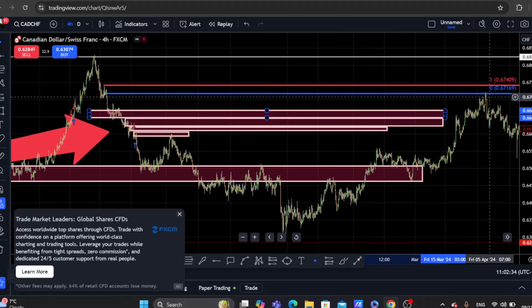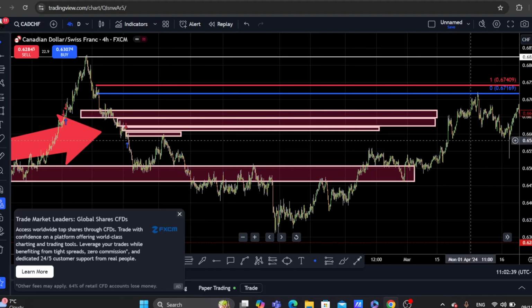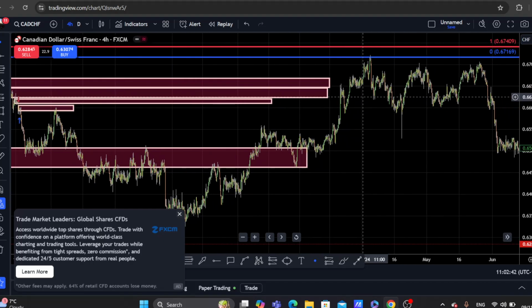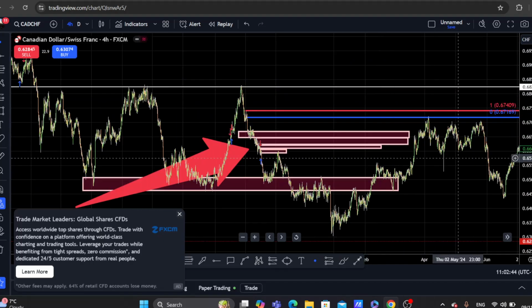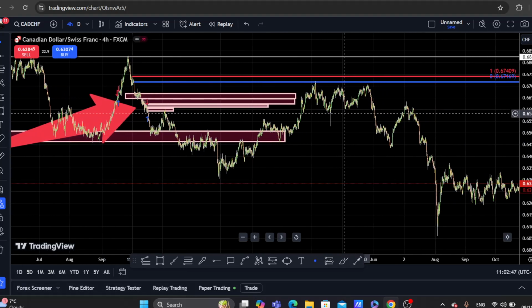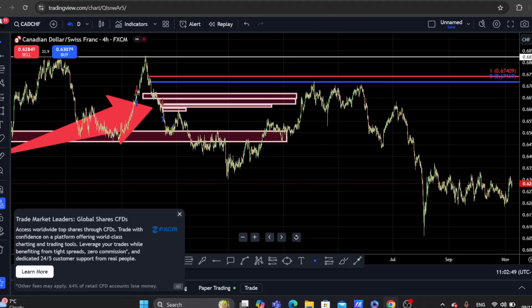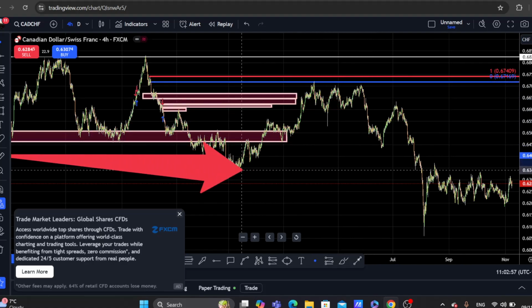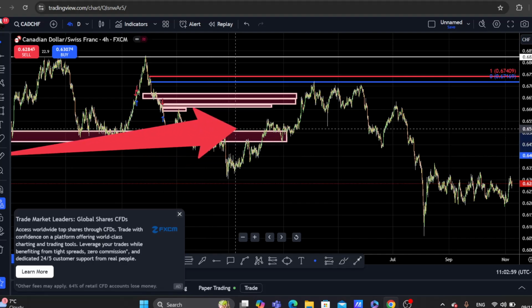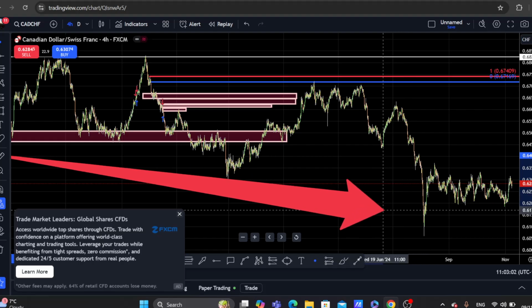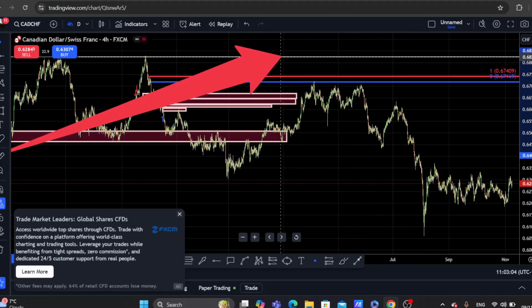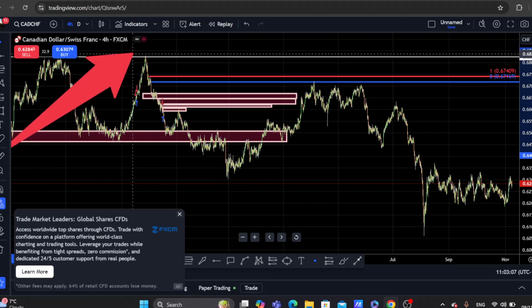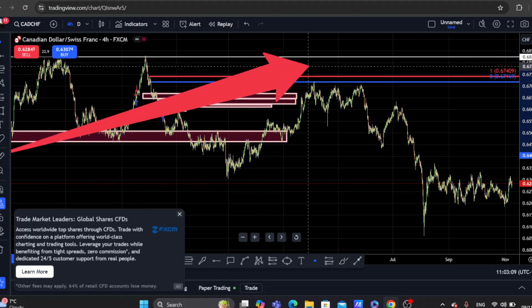All right. So we then got into our supply zone, and let's see what happened. As you can see, price came all the way down from the supply zone and took out all the people that had gone long. As you can see, the white line is where they were targeting the previous high, and the market did not quite get to that high.